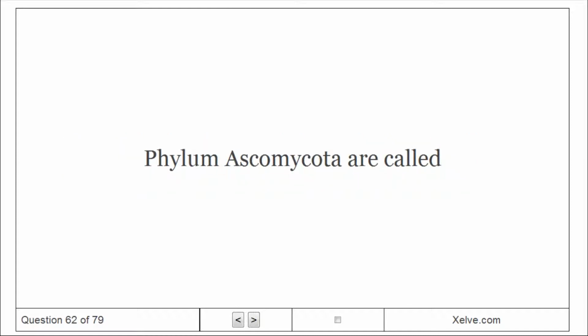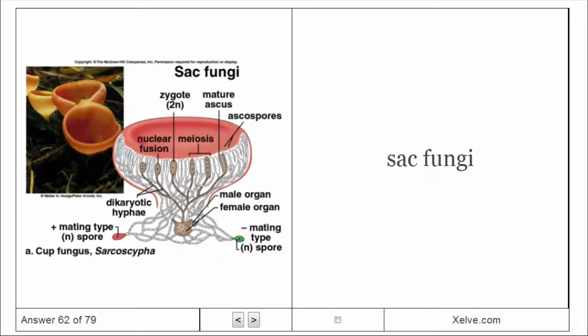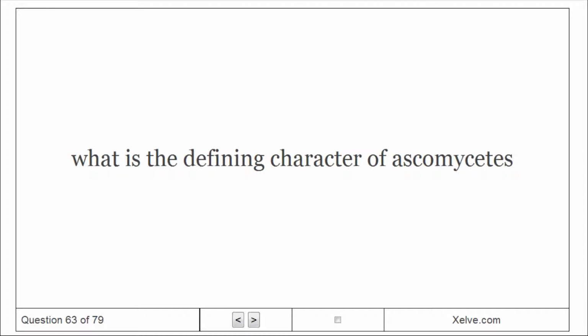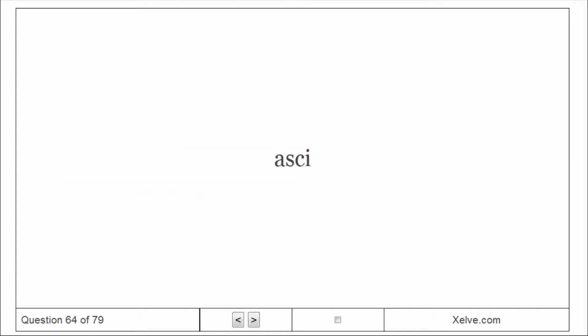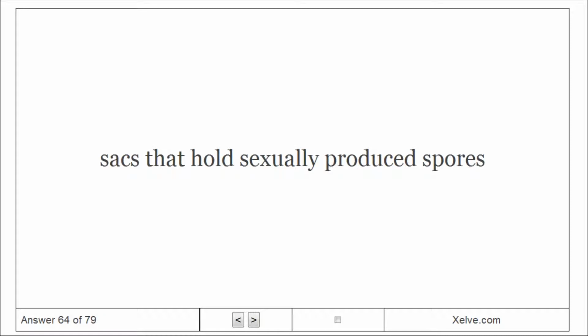Phylum Ascomycota are called sac fungi. What is the defining character of Ascomycetes? Dikaryotic stage ascocarps that house asci. Asci: sacs that hold sexually produced spores.